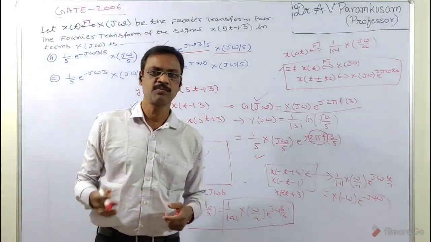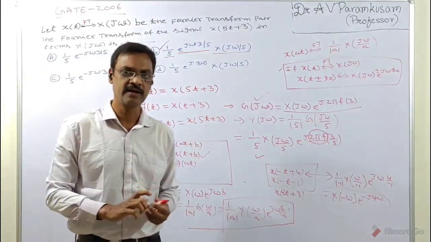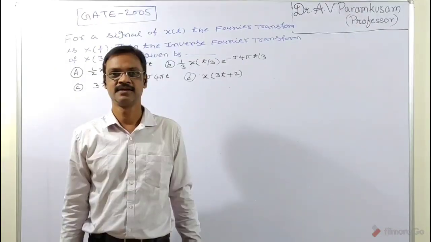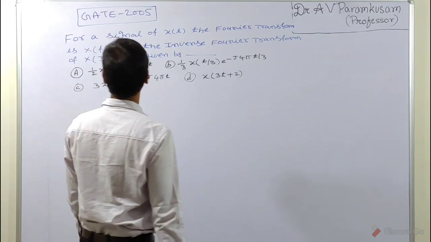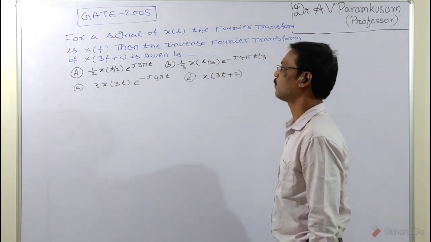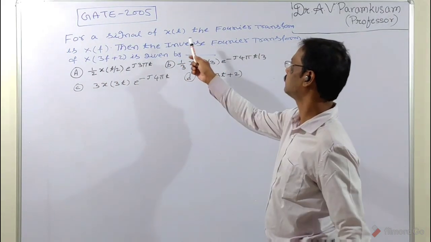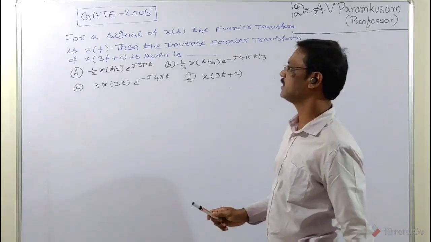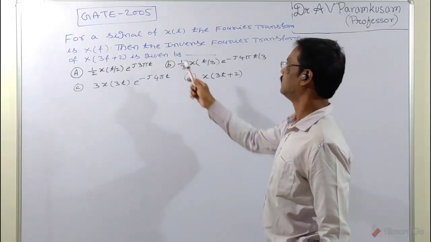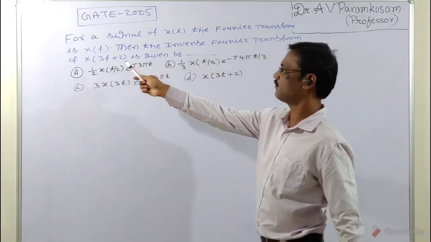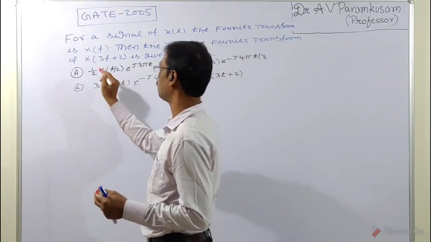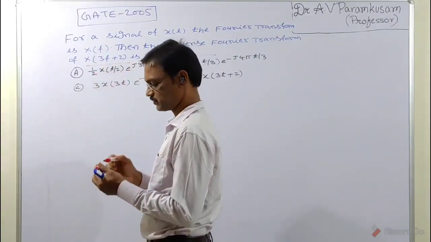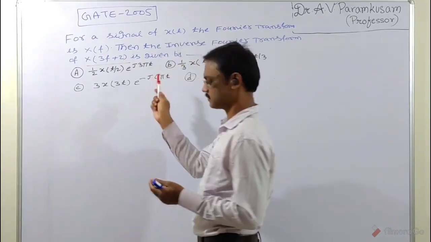Now I will solve another problem which is given in GATE 2005. The statement of the problem is that for a signal x of t, the Fourier transform is X of f. Then the inverse Fourier transform of X of 3f plus 2 is given by four options.